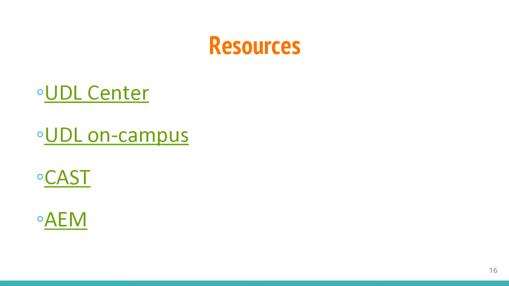I'm going to send out a copy of this presentation along with a copy of the recording so that you have access to the hyperlinks, and you can also Google this information when you need to. So that's a basic, quick overview of universal design for learning, and keeping in mind course design when you're setting up your classes.